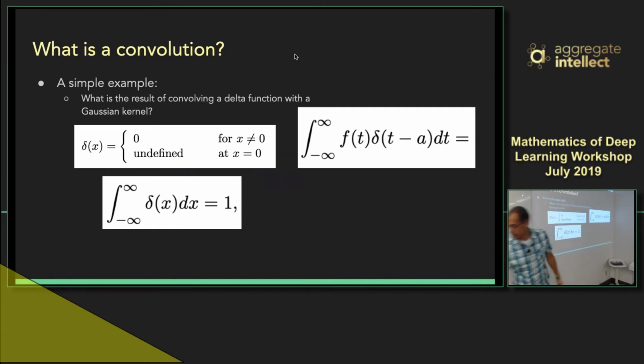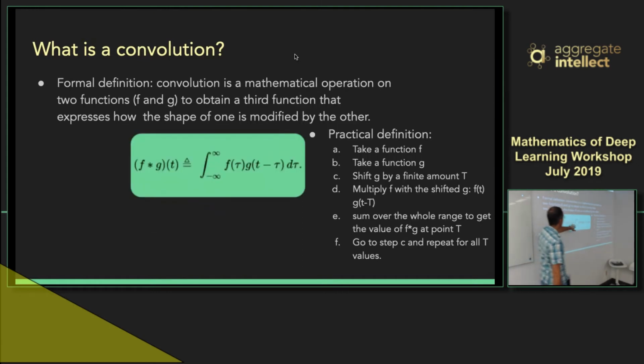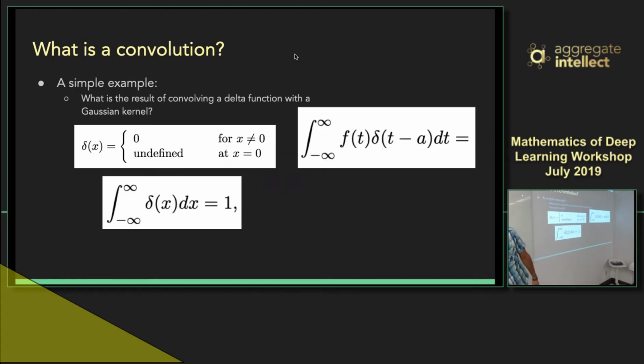If I go back to the definition of convolution, and I apply it to this problem, so I get function f, and this is my function g, which is a delta function that I'm calculating at a point. Now, what did we do?